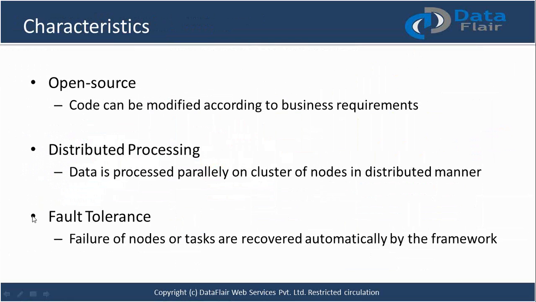Fault tolerance: failure of nodes, failure of tasks, failure of network, failure of any machine, any hardware, any resources is recovered automatically by the framework. Your framework is self-healing. The framework automatically takes care of any failure.